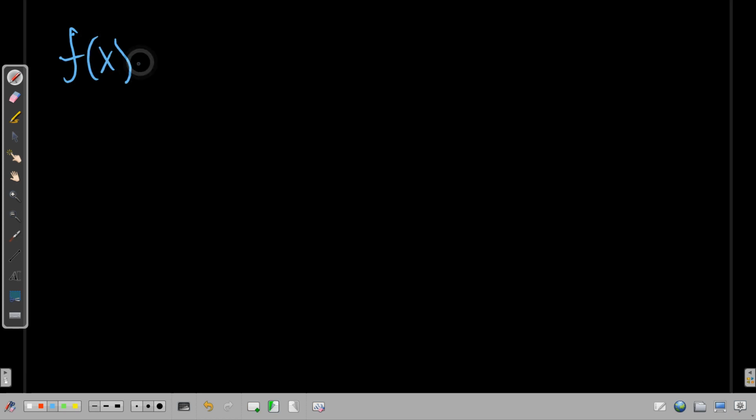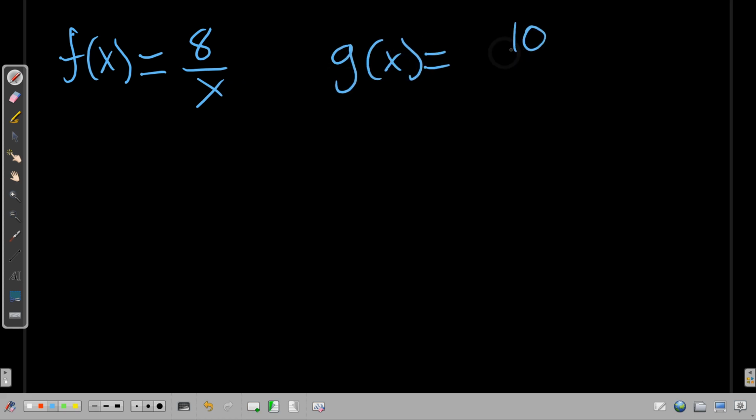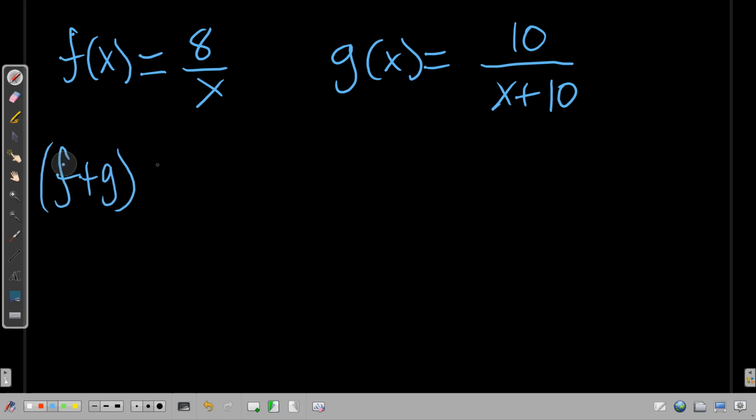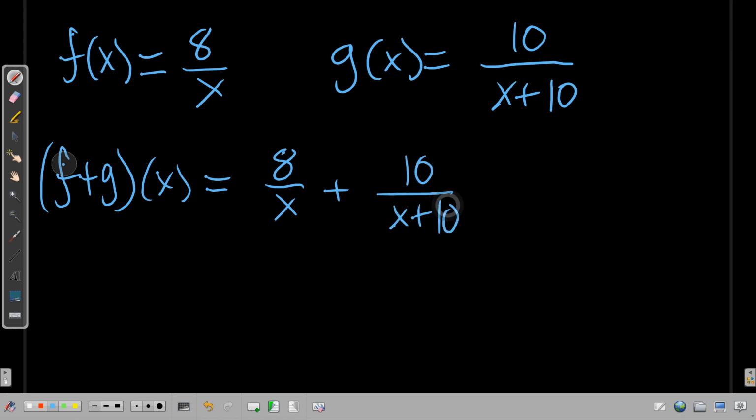So now let's have f be 8 over x and g be 10 over x plus 10. Then f plus g is no doubt going to just be 8 over x plus 10 over x plus 10.